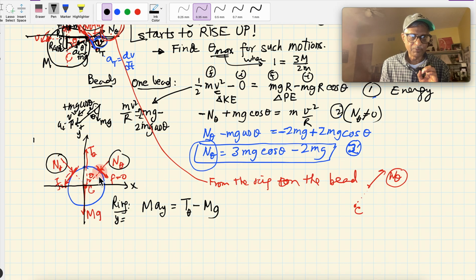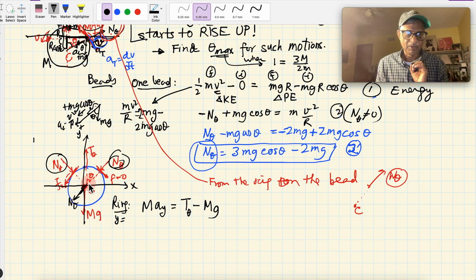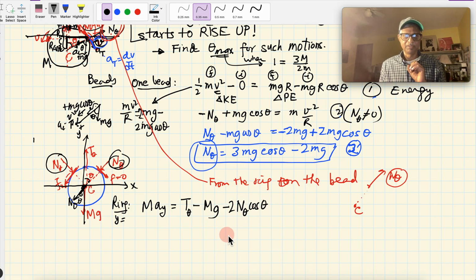If you took N theta down here, bring this guy right over at the origin of the coordinate system. If this is theta, then this is theta. So this is N theta, 2 of them, 2N theta cosine theta. So that's all we got.